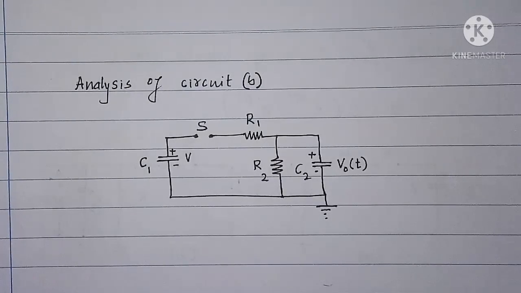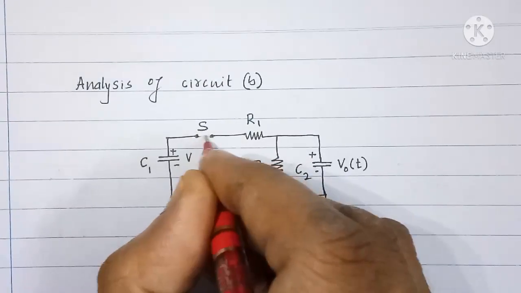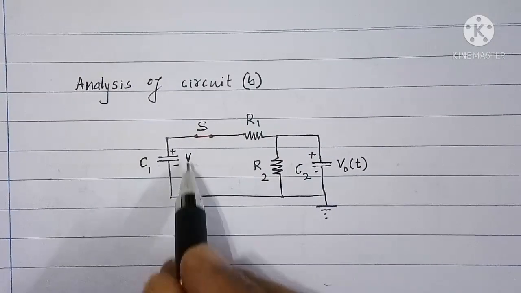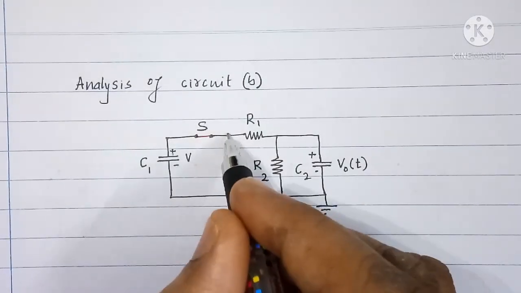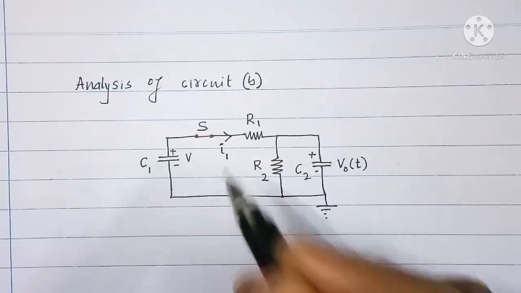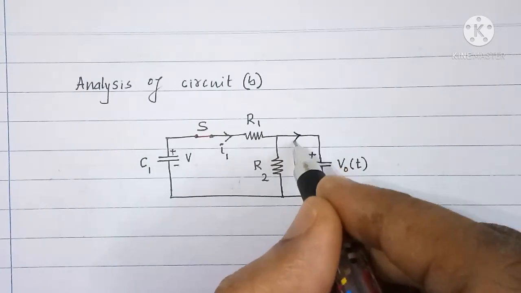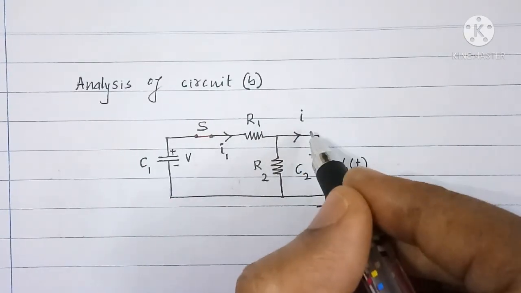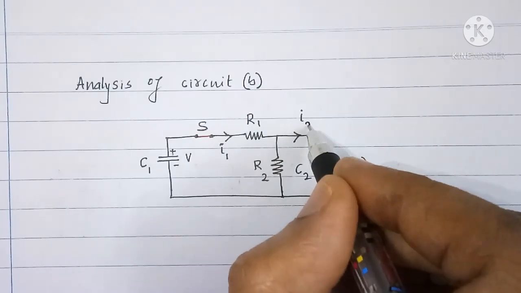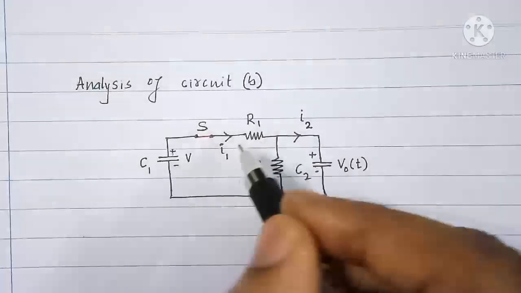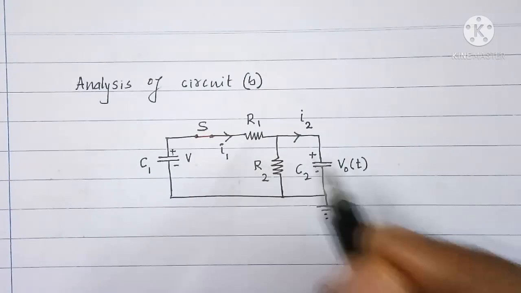Now here you can see redrawn circuit B. When switch S is closed, in order to discharge capacitor C1, which is initially charged, let us say current I1 flows through R1 and current I2 flows through capacitor C2. Definitely the difference of these two currents will be flowing through R2.